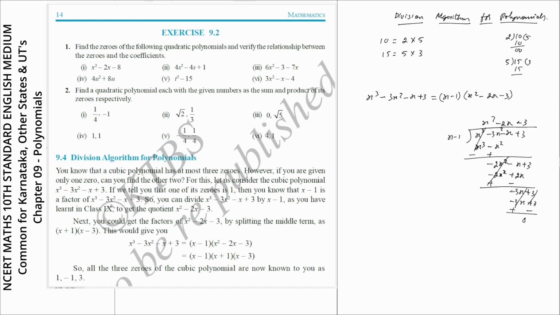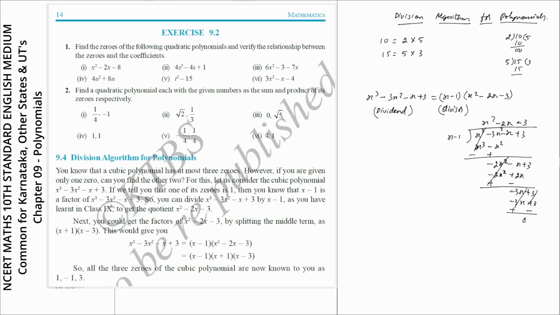So this way I can write x cube minus 3x square minus x plus 3 is equal to x minus 1 into x square minus 2x minus 3. So here the dividend is x cube minus 3x square minus x plus 3, and the divisor is x minus 1.